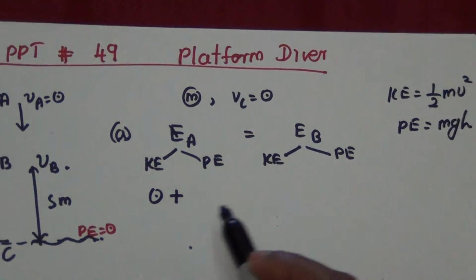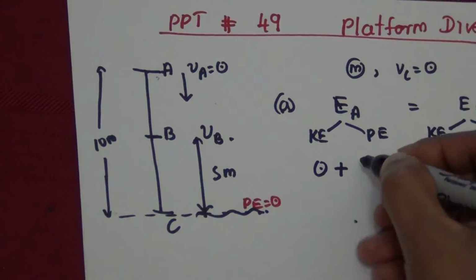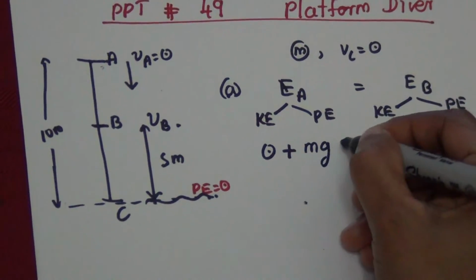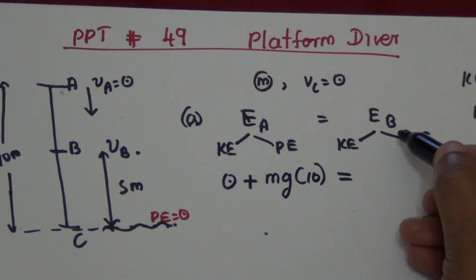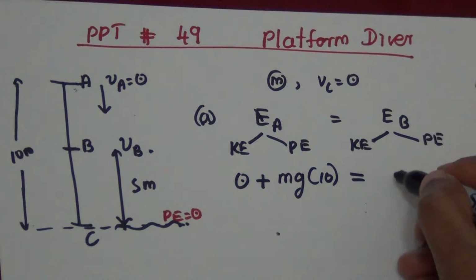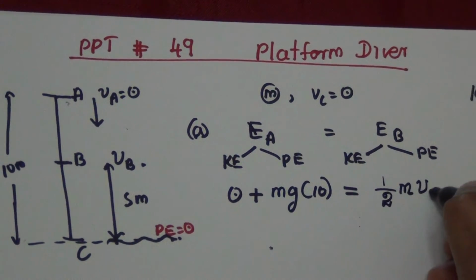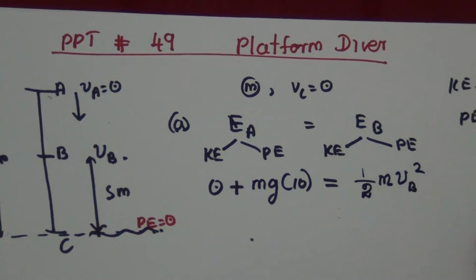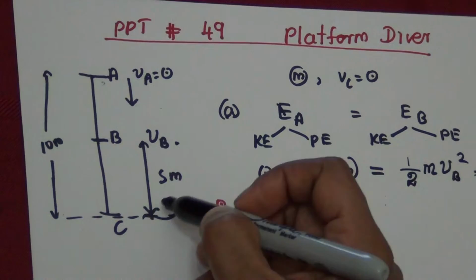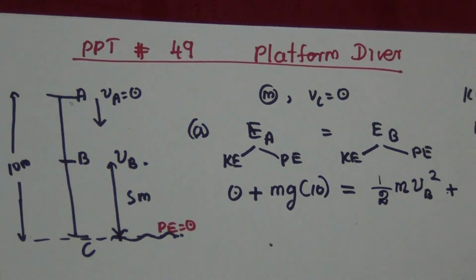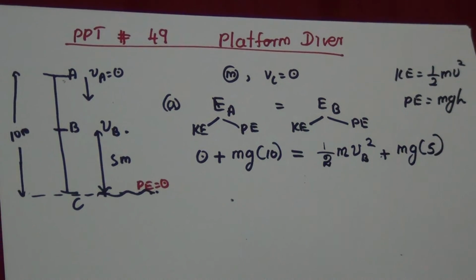The potential energy, from the 0 potential, its height is 10, so mg times 10 equals, at B, the kinetic energy, which is what we are going to find, 1/2 m vb squared. This is the question. And the potential energy here is 5 meters above the 0 potential energy, so mg times 5.